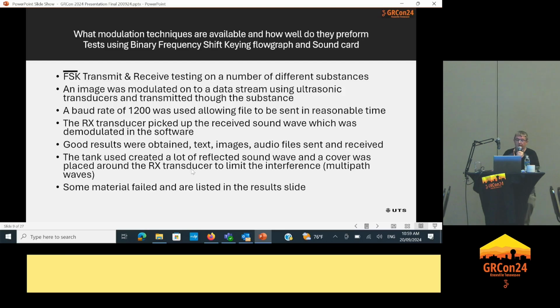The tank used created a lot of reflected sound waves, and a cover was placed around the RX transducer to limit the interference. I found that putting a shield over the transducer actually helped quite a bit. And some materials failed, and I'll list them in the results slide a little bit further on.